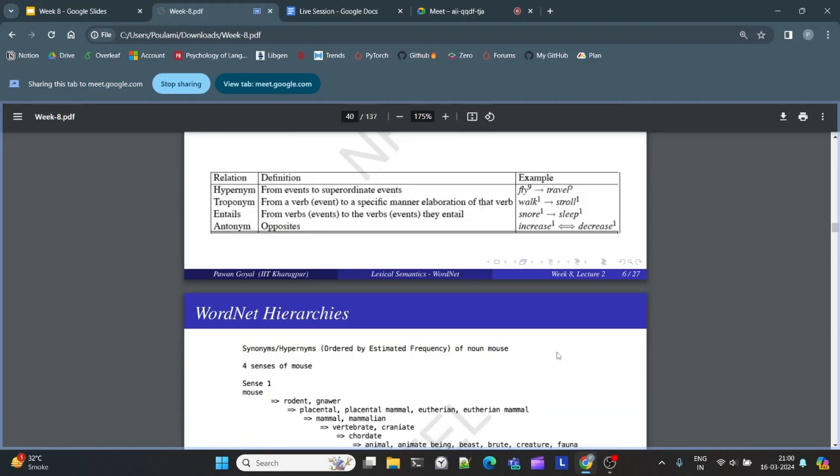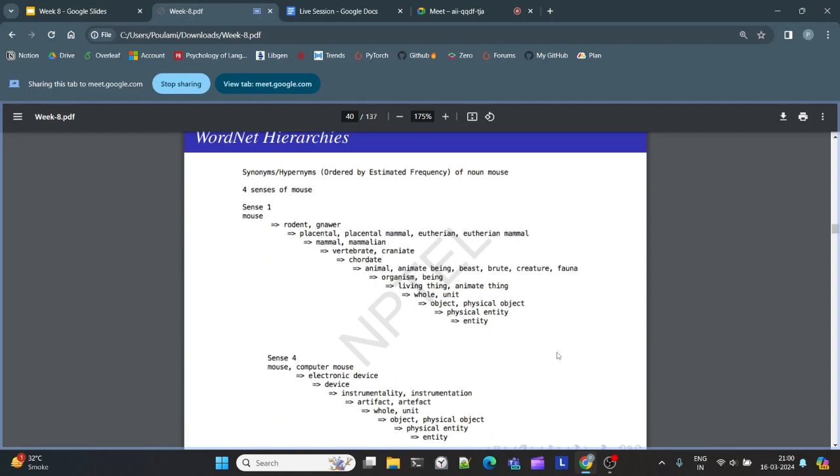So you want to know what the other two senses of mouse are? It's not there in the slide. If I have to answer, even I have to search once. I don't know all the four senses.